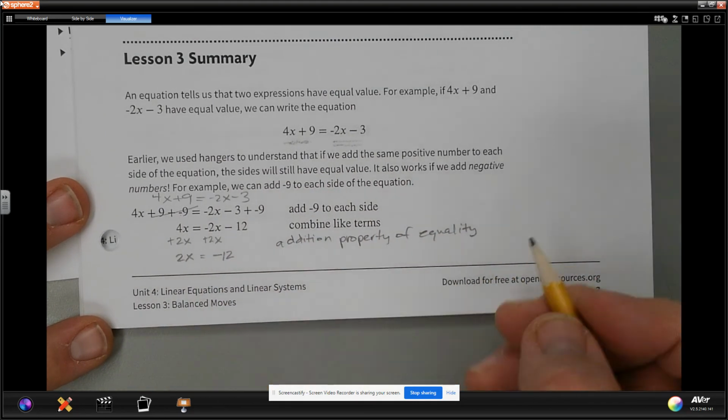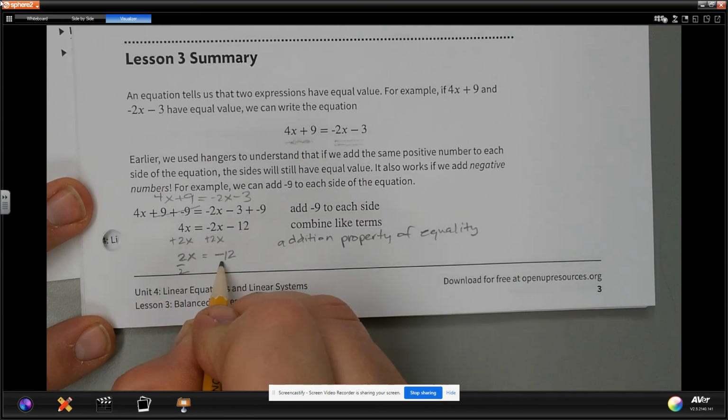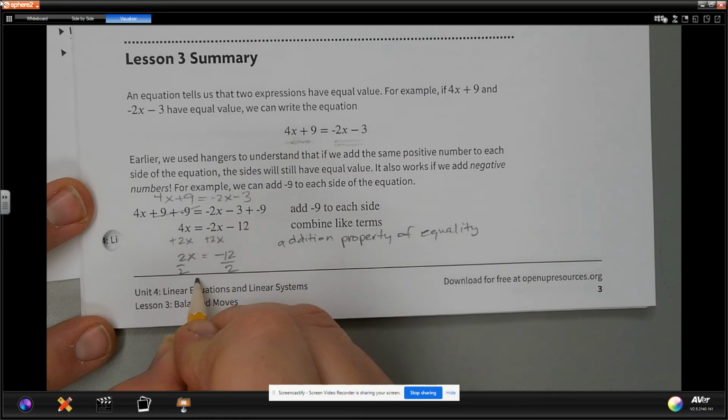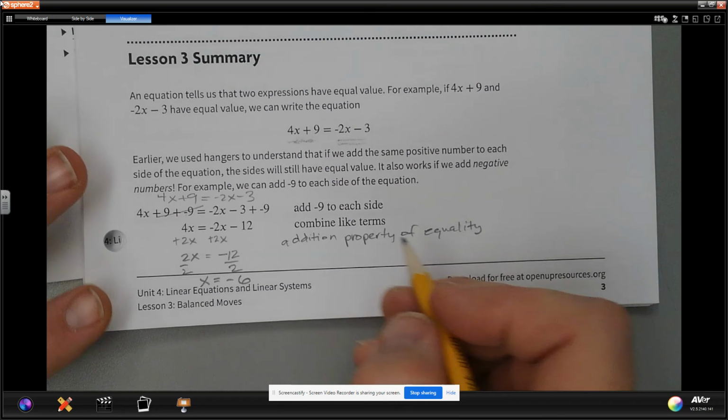Or we combine like terms as our next step. And then our final step is to use the division property of equality to reveal that x is equal to negative 6. That would be called our solution.